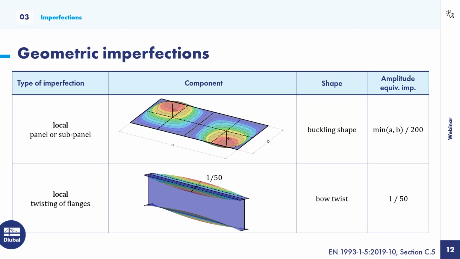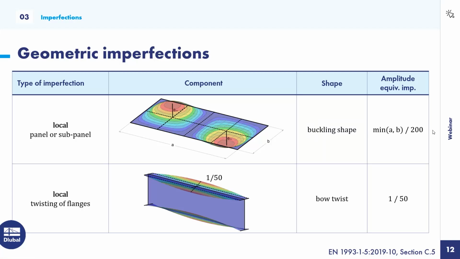And those are the local buckling shape deformations in the buckling panels or in potential buckling panels. And if we use geometric equivalent imperfections, the amplitude of such imperfection should be the minimum dimension of the panel divided by 200.